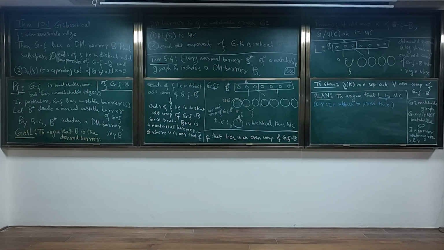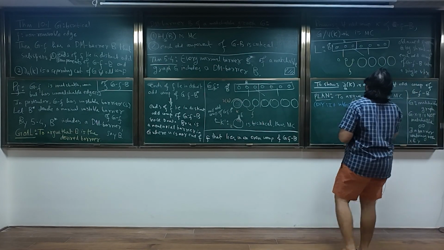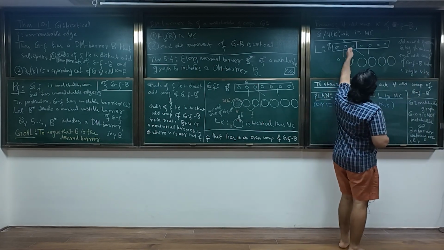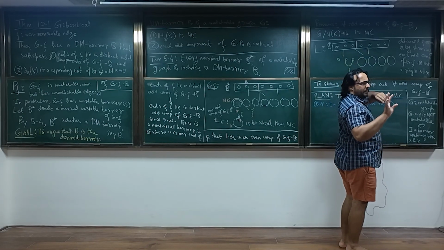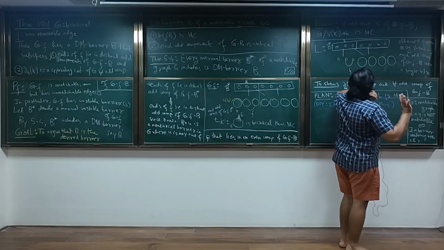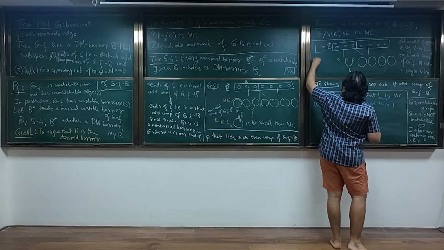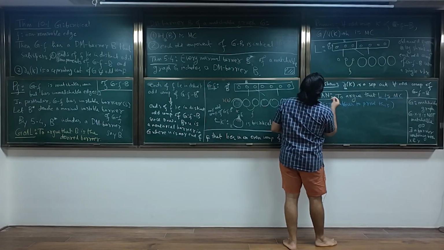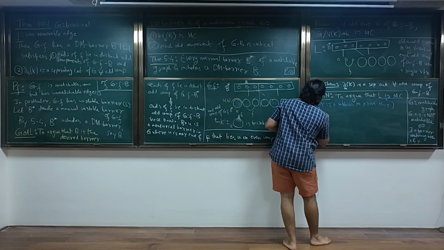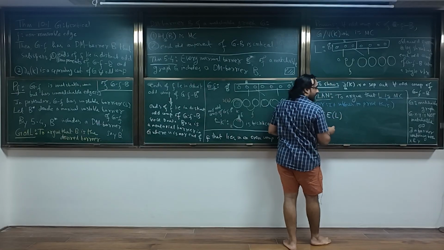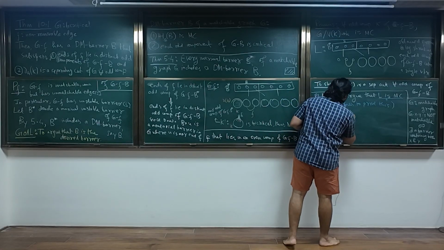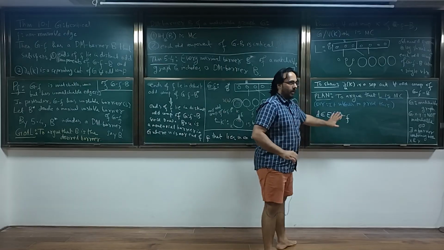So let's consider some edge and we'll do some cases, right? Not too many cases. So let's consider some edge in this graph, and let's for now not worry about F. Consider some edge D, which is some edge of L that is not F. We'll worry about F later.